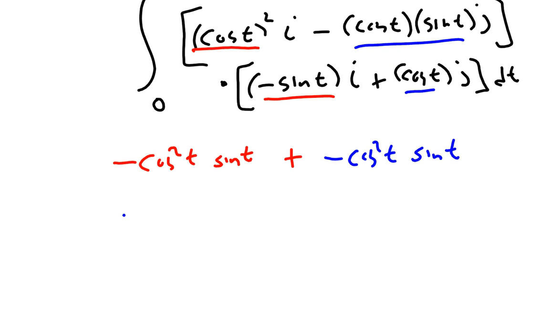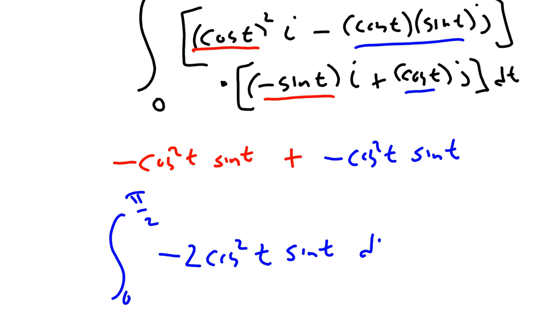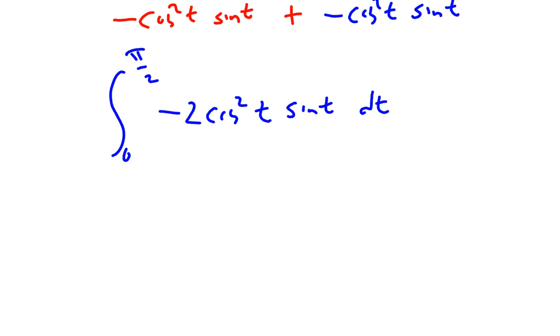So this integral just becomes the integral from 0 to pi over 2. There's a negative. If you want, you could put it out in front or not. It doesn't matter, so let's say I leave it there. I get negative 2 cosine squared t sine t dt. Now it's just a matter of evaluating this.